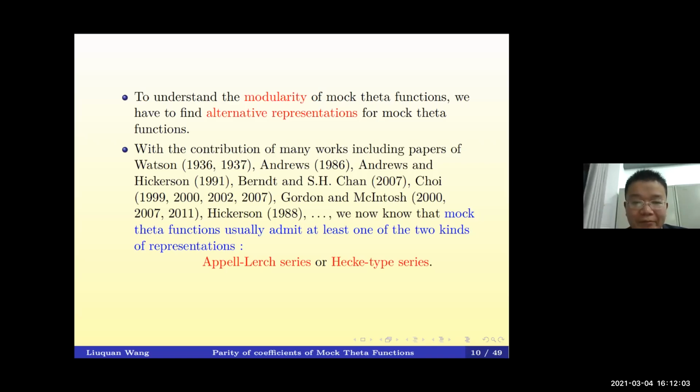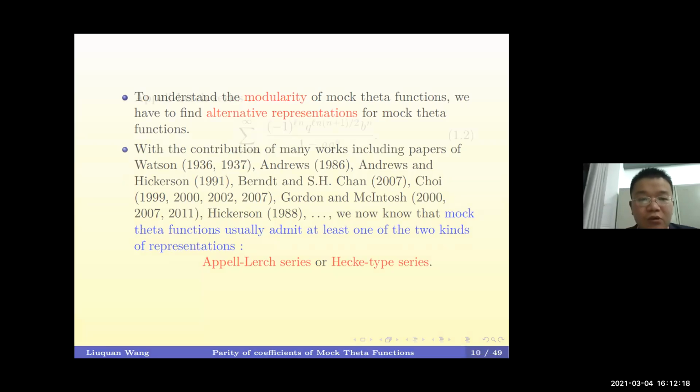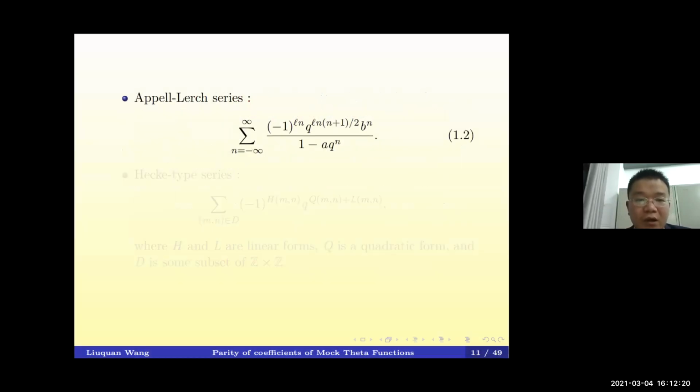From their works, now we know that mock theta functions usually admit at least one of 2 kinds of representations. One of them is Appell-Lerch series and another type is Hecke-type series. So roughly speaking, Appell-Lerch series are series of this form.